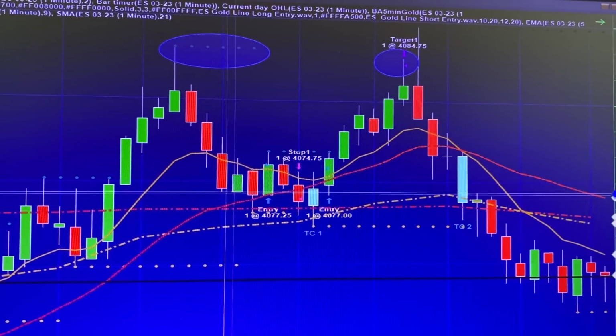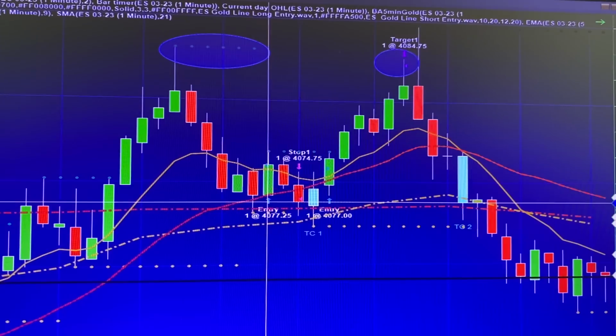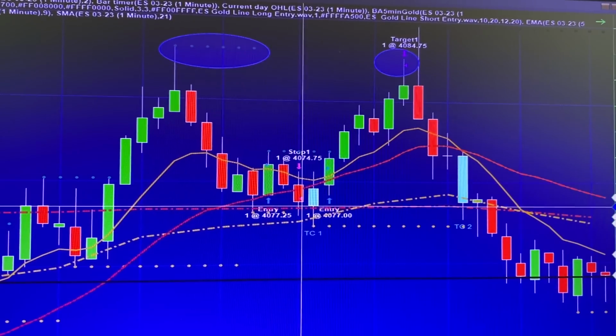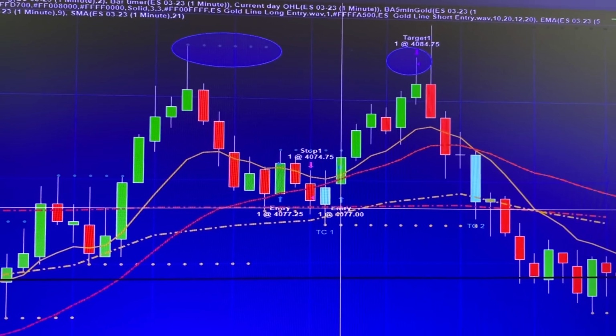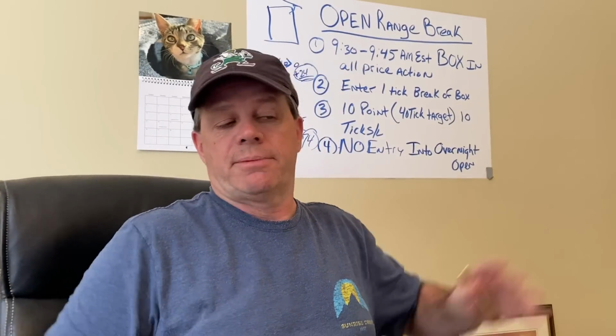It took me until 10:28 to find my first trade to feel comfortable with. Didn't work? That's okay. I got my next one at 10:32. Got my money back. 3 accounts, $750. I'm good.